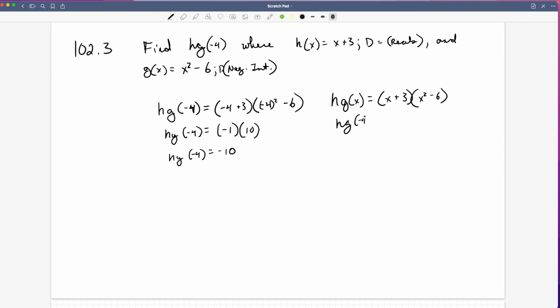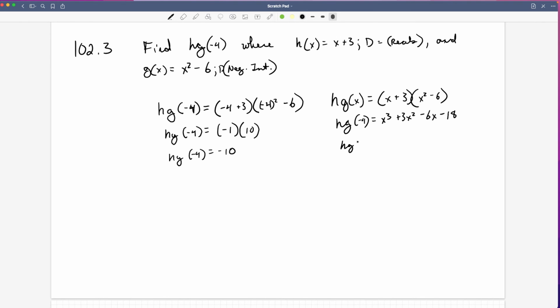Hg of x, we do the math on here: x times x squared is x cubed. 3 times x squared is going to be positive 3x squared. X times negative 6 is negative 6x, and positive 3 times negative 6 is negative 18.